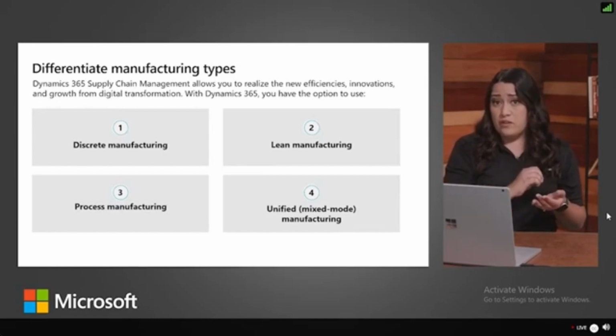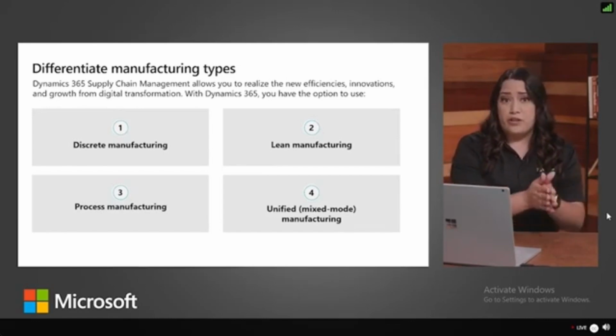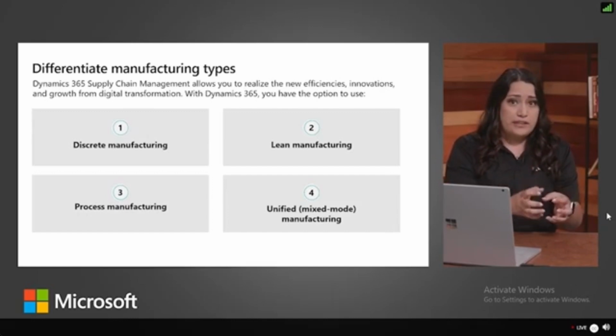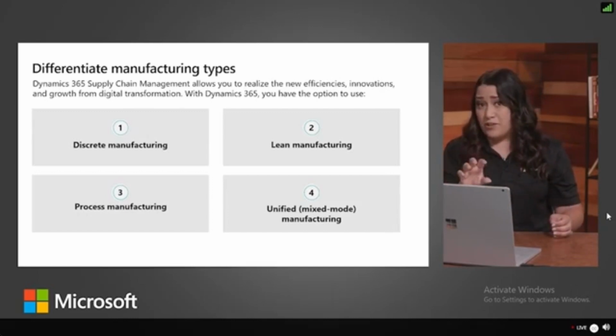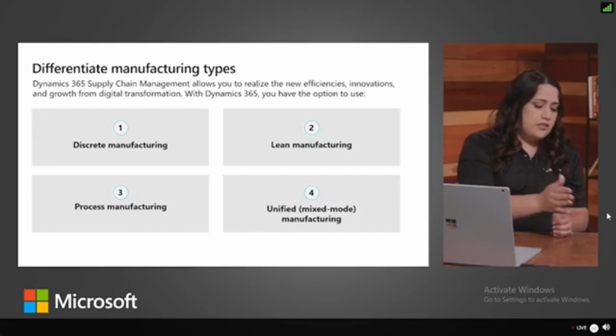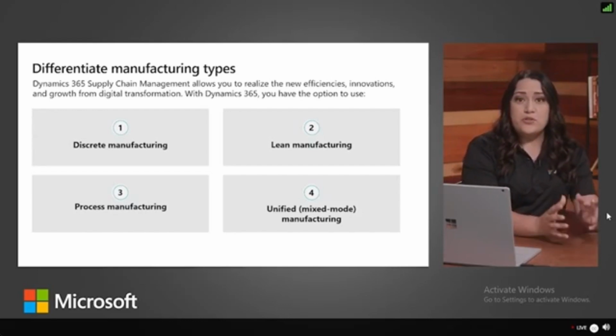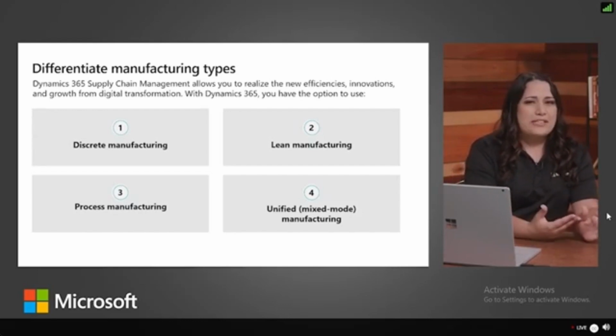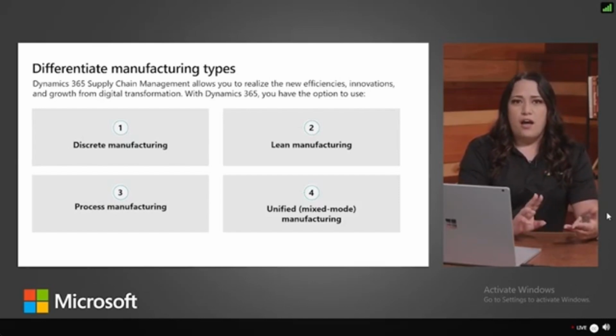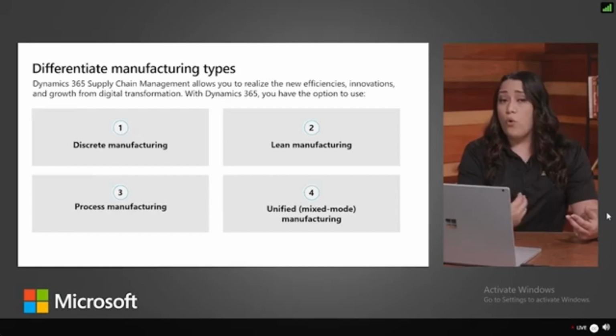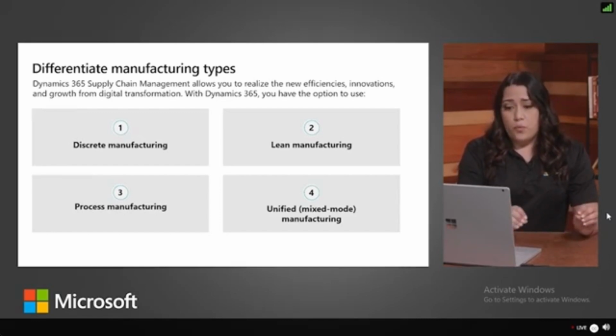Now, discrete manufacturing creates products that are differentiated by individual units, whereas process manufacturing does not. Discrete manufacturing produces individual units like smartphones, whereas process manufacturing creates things like salt, oil, or water. So it's important that you keep those two separate.